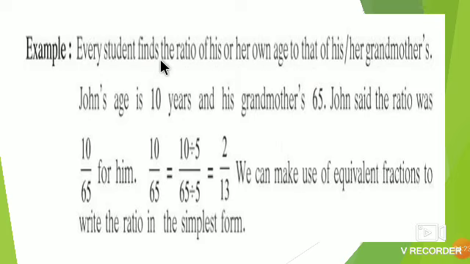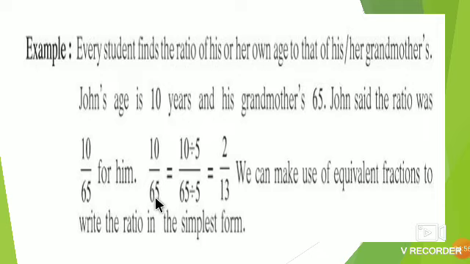Okay. Every student finds the ratio of his or her own age to that of his or her grandmother's age. John's age is 10 years and his grandmother's age is 65. John said the ratio was 10/65, because the age of John is 10 and his grandmother's age is 65. So 10/65 for him. Now 10 and 65 we can further divide.